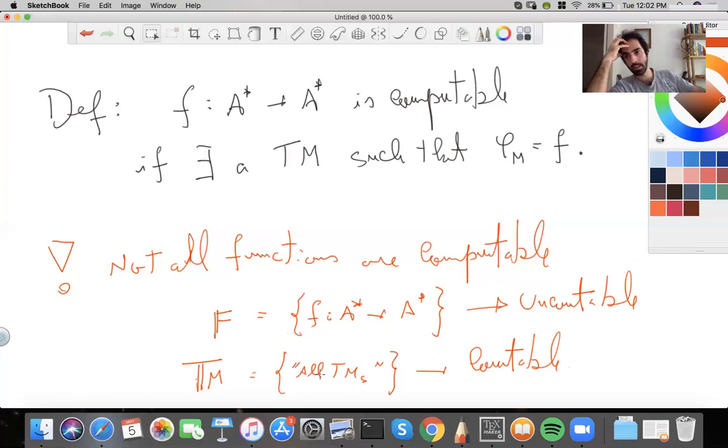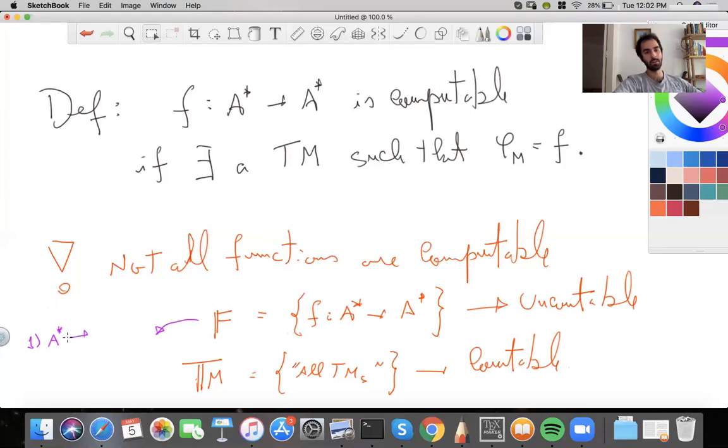Now, why is this set of functions uncountable? Here's an idea of a proof, my idea of how to prove it. You can take an element of A star, the set of all strings, and associate it to a natural number.